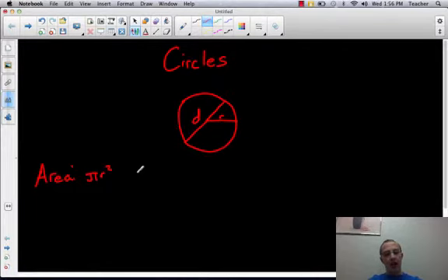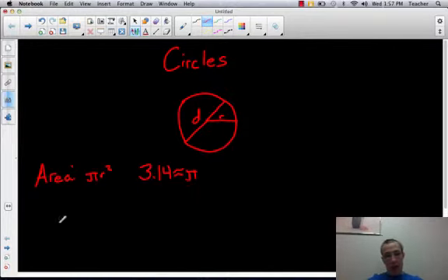Pi is approximately 3.14. If you don't have it on your calculator, you can just punch in 3.14 because that's close enough to equaling pi. Pretty simple. This is probably the easiest thing you'll need to know about circles.